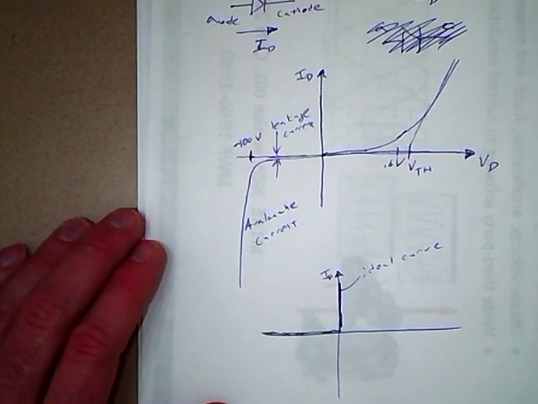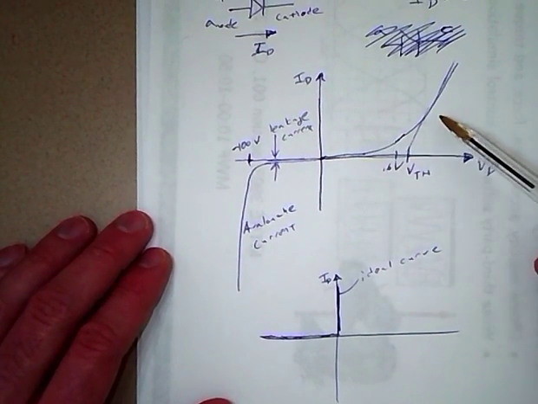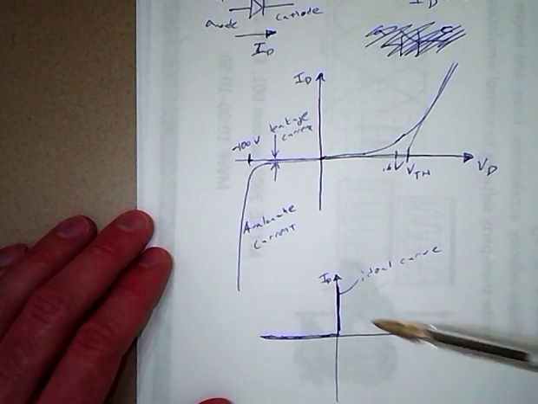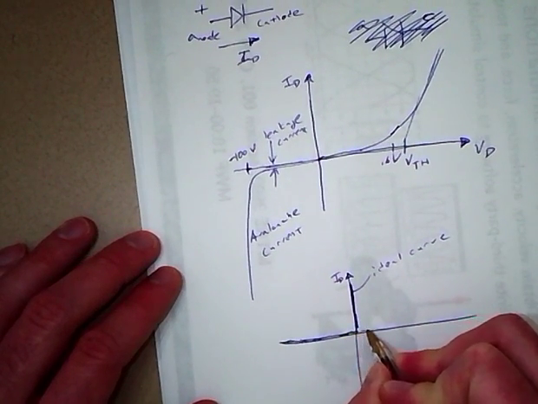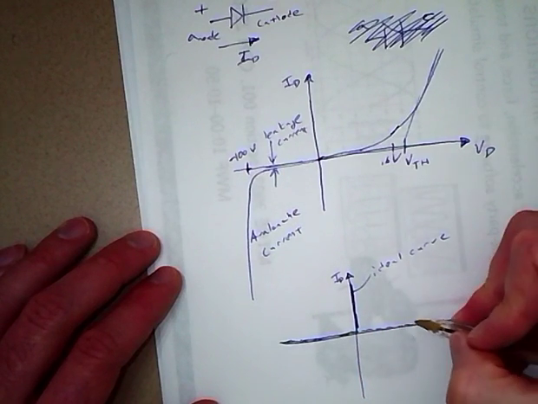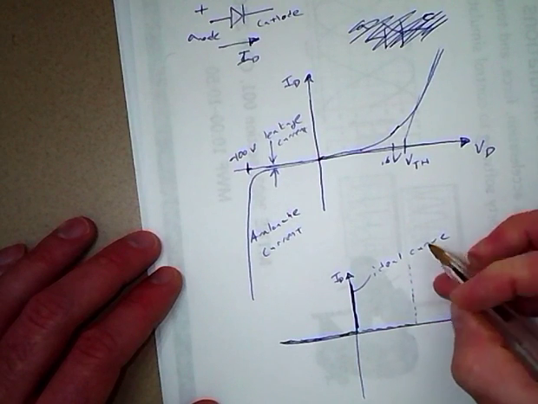And so the real diode approximation is sort of a blend of the real behavior and the ideal behavior. And so we say that there's no current until we reach threshold voltage, and then at that point there's no resistance.